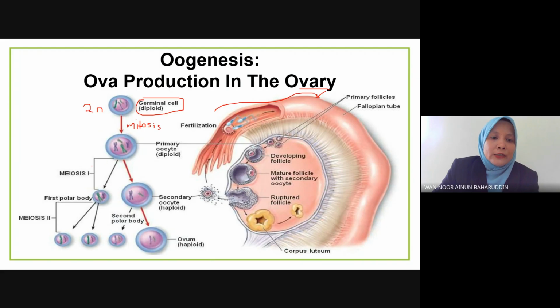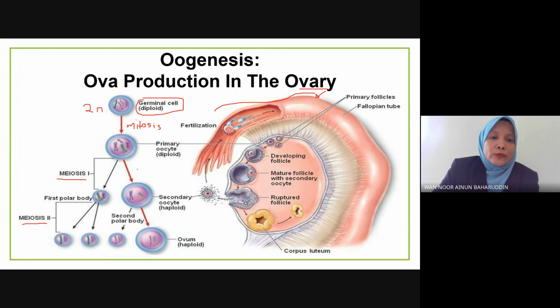And then they contain two processes of meiosis, meiosis 1 and meiosis 2. And we will learn in which part the polar body, and then the oocyte and the ovum are produced.